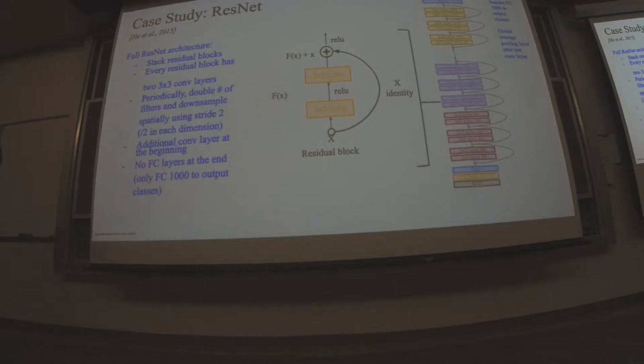In this case, the answer is yes. This is actually for the shallower versions of ResNet. The deeper ones end up having a lot more filters. But yeah, you're exactly right.